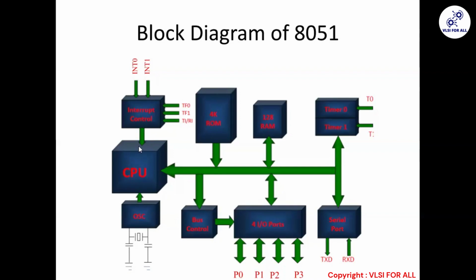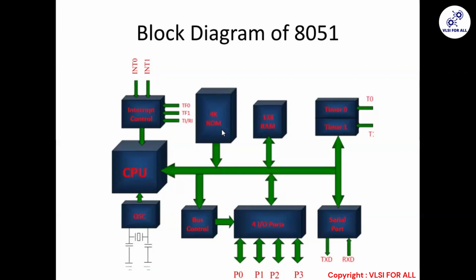So these are the three blocks we are talking about. Now, the CPU is working on some instruction. Obviously, who will give the instruction? The program memory. ROM is the program memory.